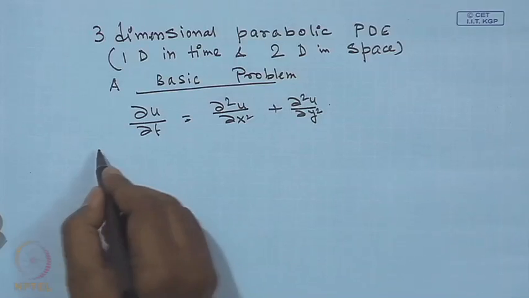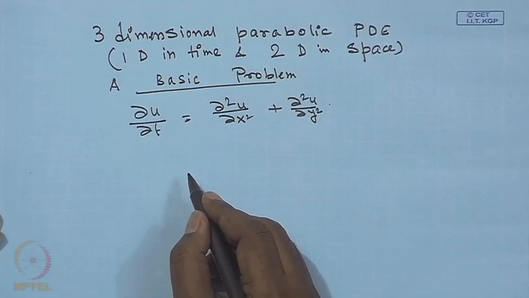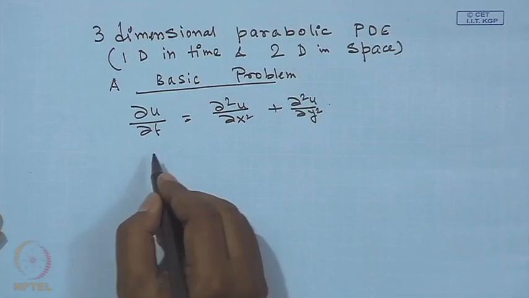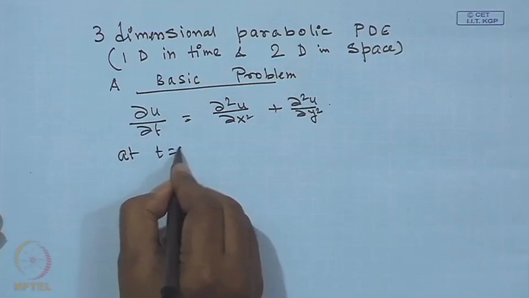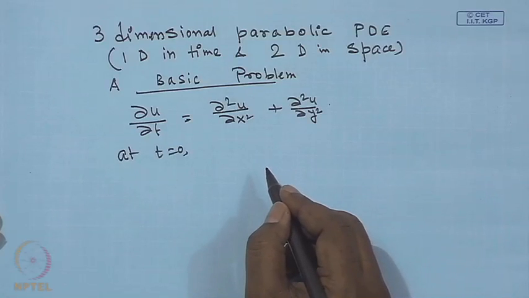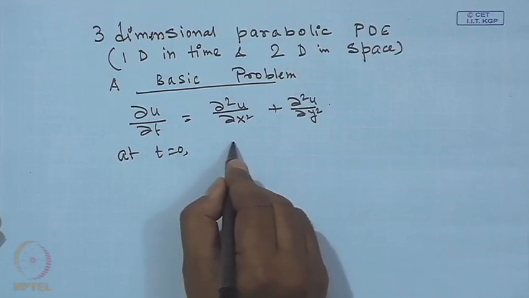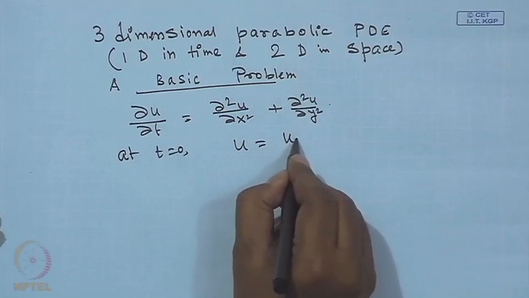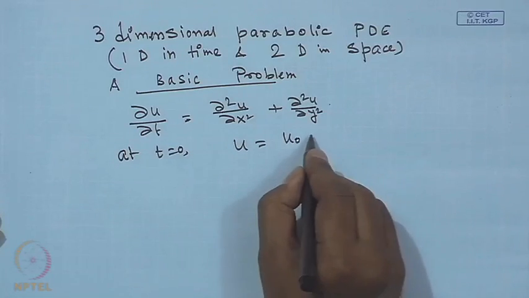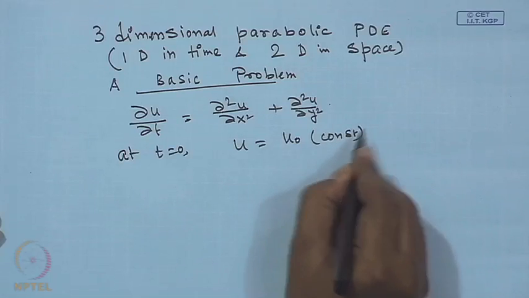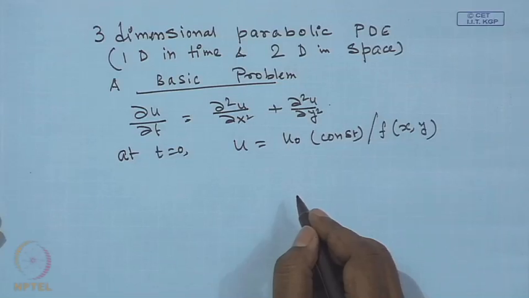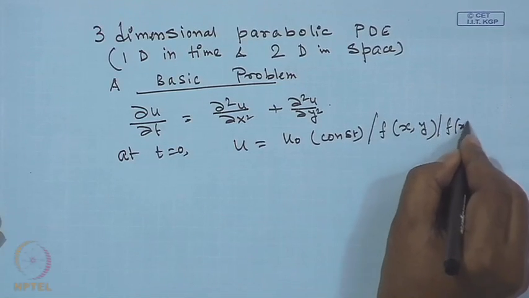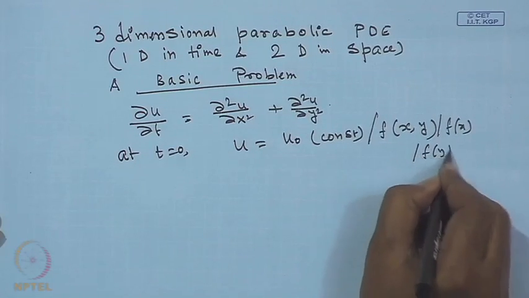Now, we have the four boundary conditions. We fix some of the boundary conditions as Robin mixed, Neumann and Dirichlet, a mixture of all, at t is equal to 0. Since it is a basic problem, we must be dealing with a non-homogeneous initial condition. So, at t is equal to 0, u is equal to, let us say, u naught, that is a constant, or more generally it may be a function of x and y, or a function of x alone, or a function of y alone.